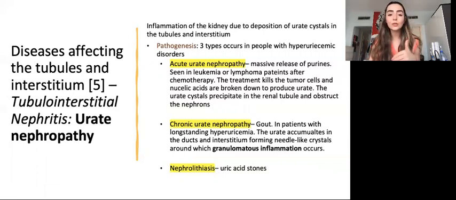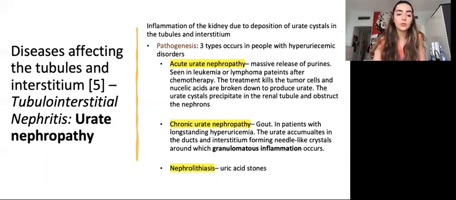And then these crystals precipitate in the renal tubule and obstruct the nephrons. Then you have chronic urate nephropathy, which is caused by gout. These are patients with long-standing hyperuricemia. This urate accumulates in the ducts and interstitium, forming needle-like crystals, around which you have granulomatous inflammation. And the nephrolithiasis is just uric acid stones.